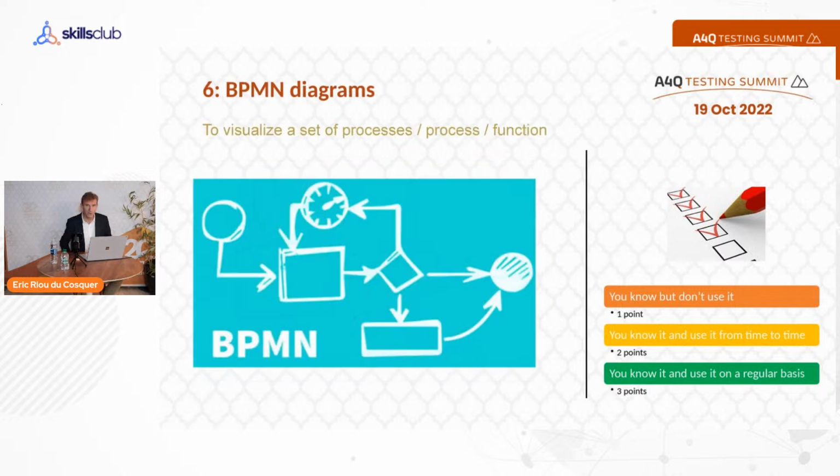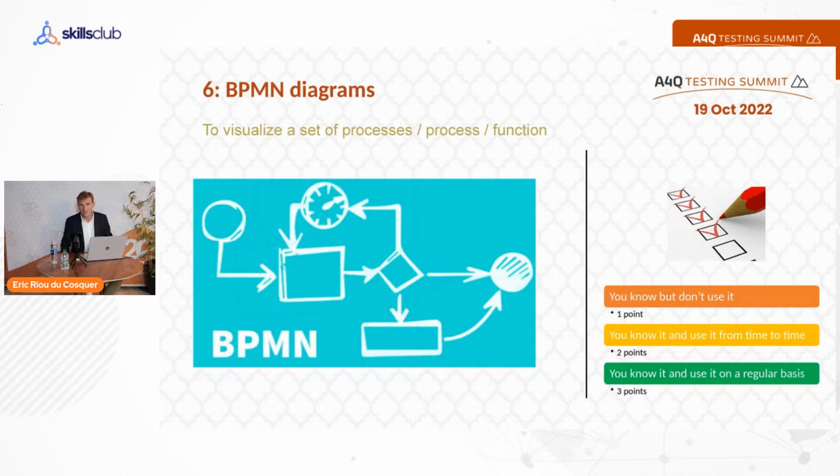So we can move to the next method or tool or technique. I mentioned it already before when talking about this project in the field of energy. So that's about business process modeling. So this one is not that easy. When you have a look at a BPMN diagram, you may have the feeling that it's very easy.